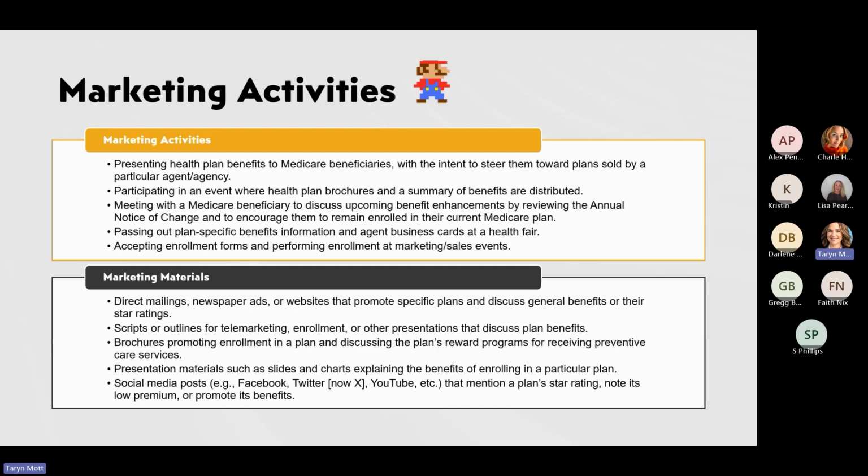Anything pertaining to social media, there are quite a few questions this year regarding social media, so you want to pay attention to those. And they do refer to that as Twitter, now X, in their questions, just FYI. So social media posts such as Facebook, Twitter, now X, YouTube, etc., that mention a plan star rating, note a low premium or promote its benefits. All of that is marketing.